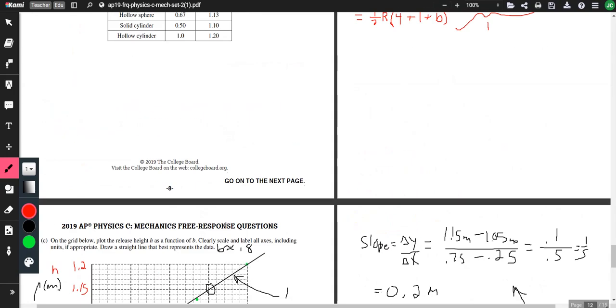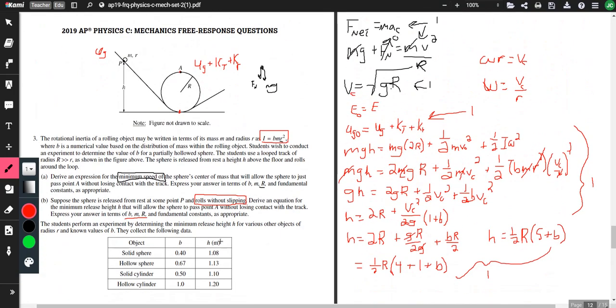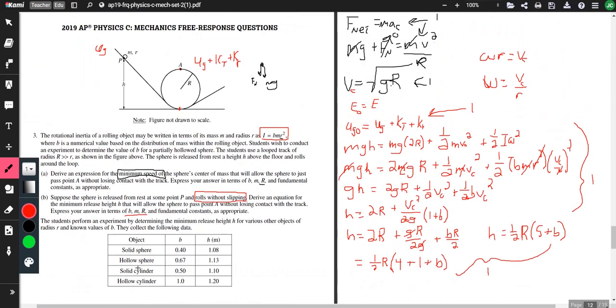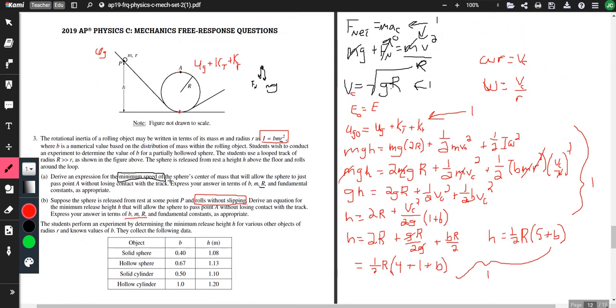So if we go back up to part B, they wanted to see how this answer would change if the object's radius was much larger relative to the entire loop's radius.